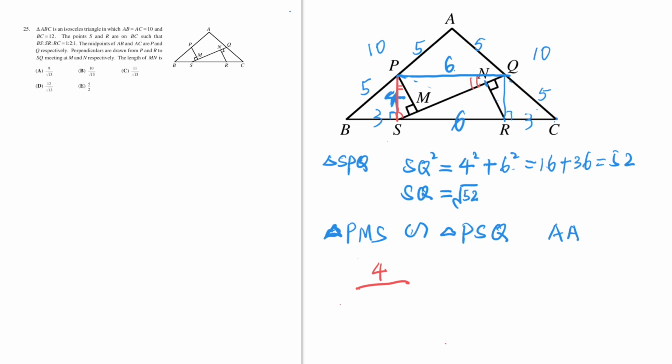Hypotenuse over hypotenuse, that's root 52.